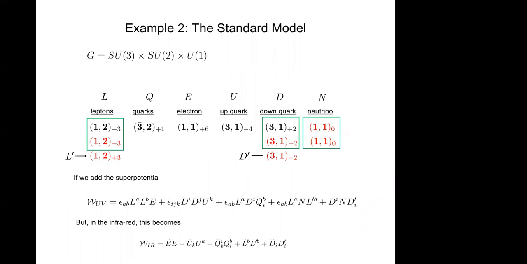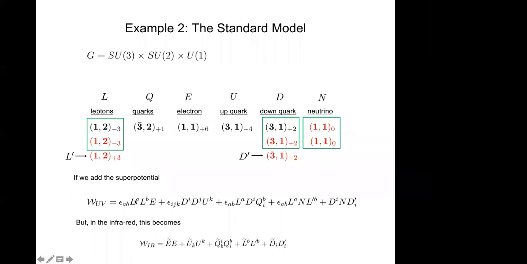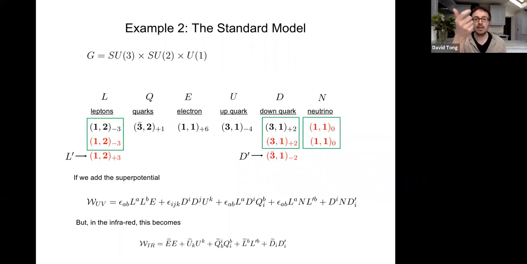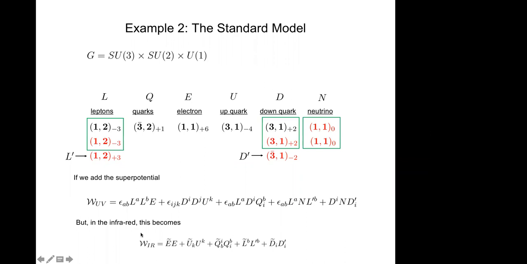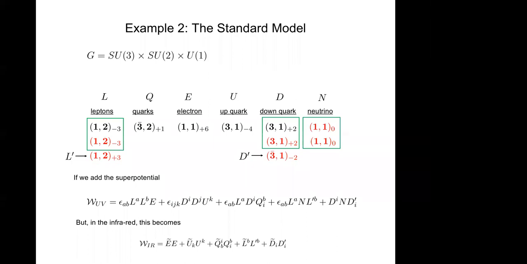It starts off with the Yukawa term, and then two of those, the scalar and the fermion in the Yukawa term, combine into a new low energy fermion, and that's what I'm writing down in this infrared superpotential. This is the right electron, but the E tilde is a bound state of two UV objects. Okay, thank you.